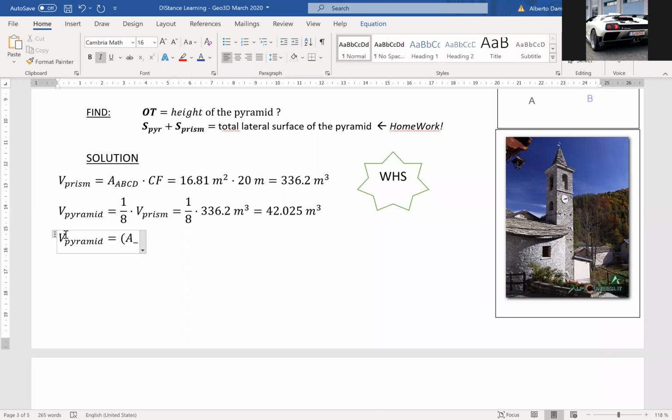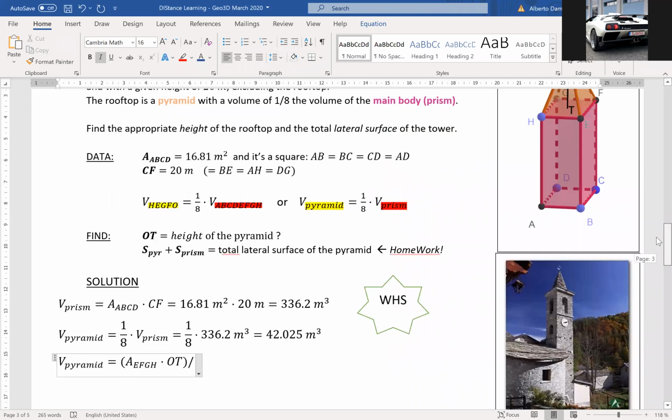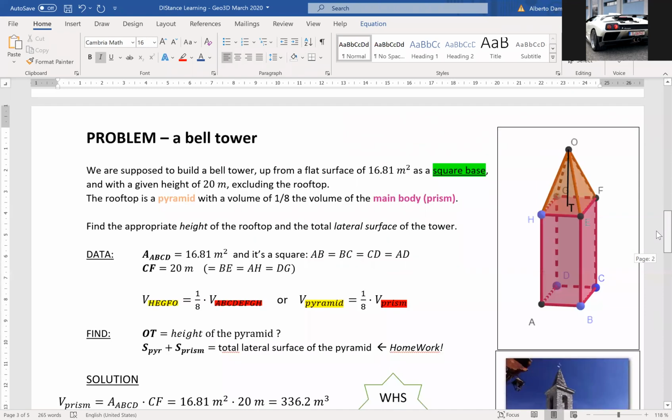So again, ABCD or whatever the other base is, EFGH should be the base of the pyramid times the height of the pyramid, which is OT, if I remember well, divided by 3. Let me have a look at the picture again. Looks like I'm writing things right. Yes, OT is the height of the pyramid.